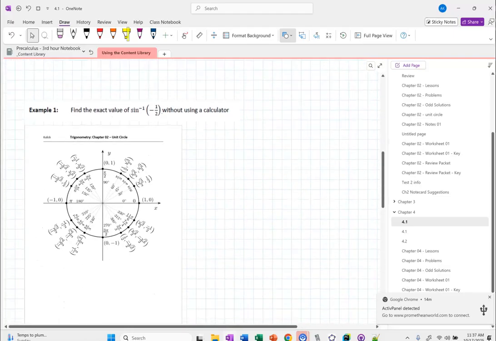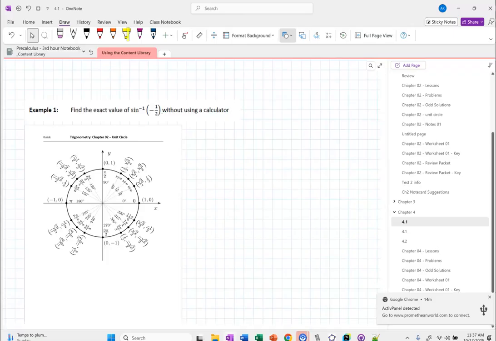So if I ask to find the exact value of sine inverse of -1/2 without using a calculator, the tool I'm going to need is my unit circle. In this class, if anything is asked for exact value involving sine, cosine, or tangent, it means we need our unit circle. If you have your unit circle still with you, which you all should, I invite you to take it out so you can follow along.